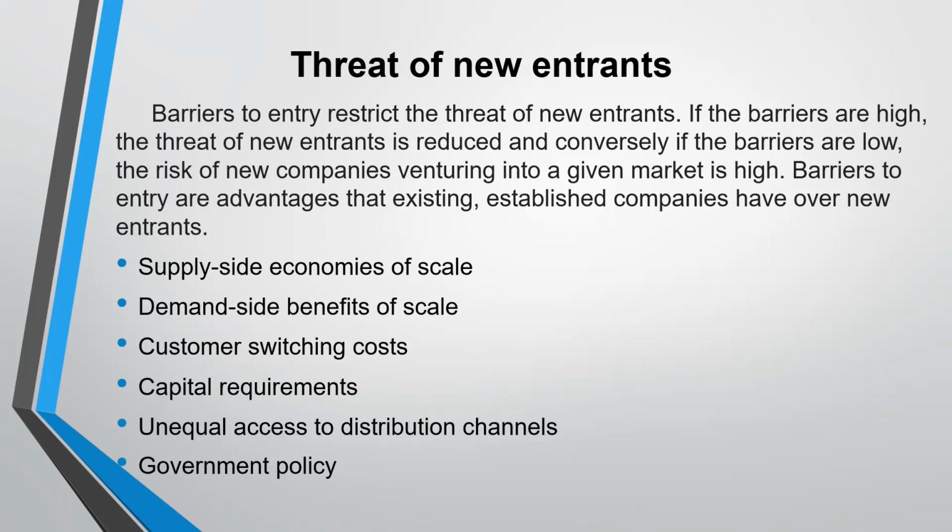Barriers to entry are advantages that existing established companies have over new entrants. So there are supply side economies of scale, demand side benefits of scale, customer switching costs, capital requirements, unequal access to distribution channels, and lastly, government policy.